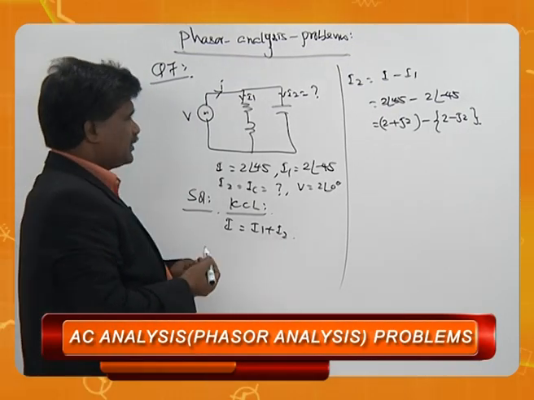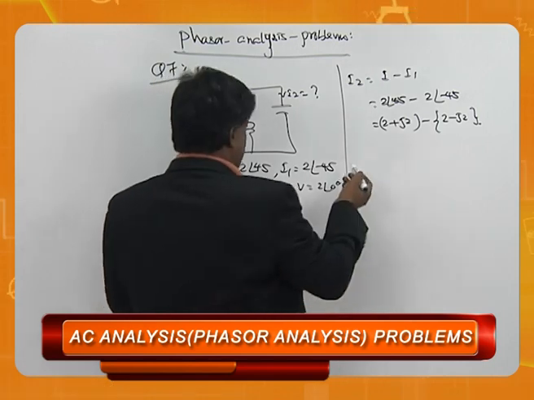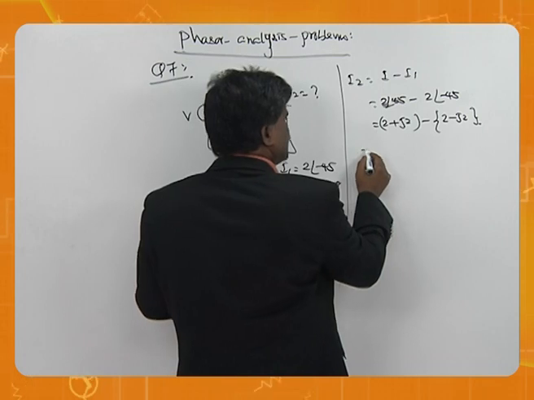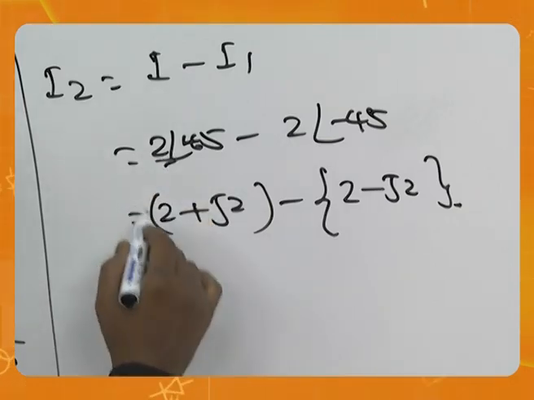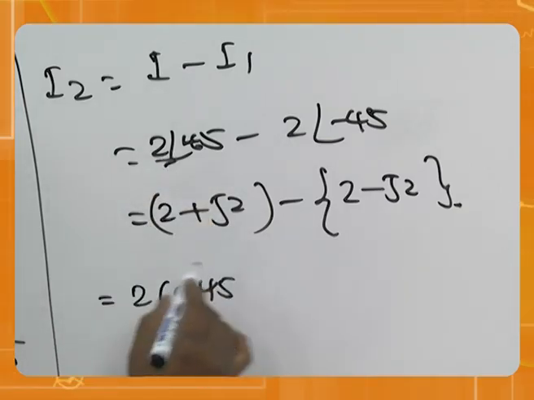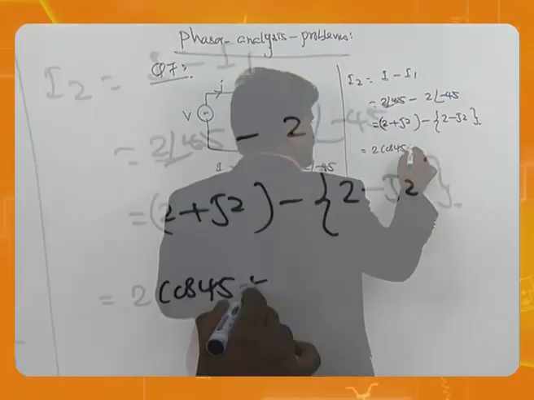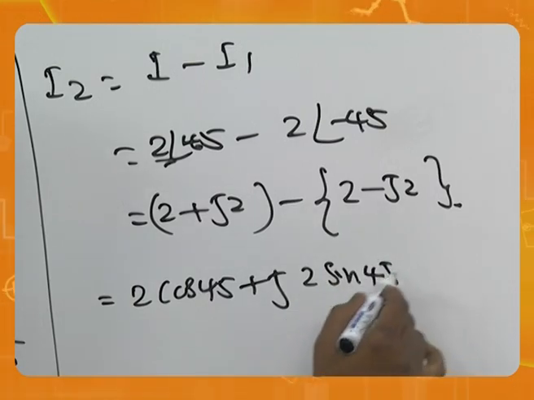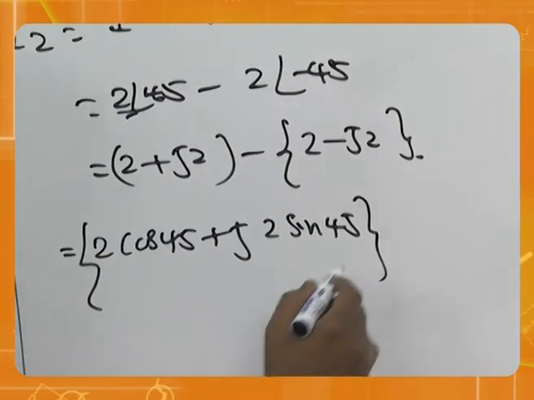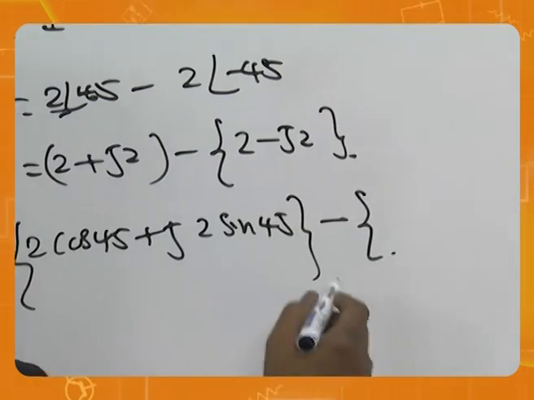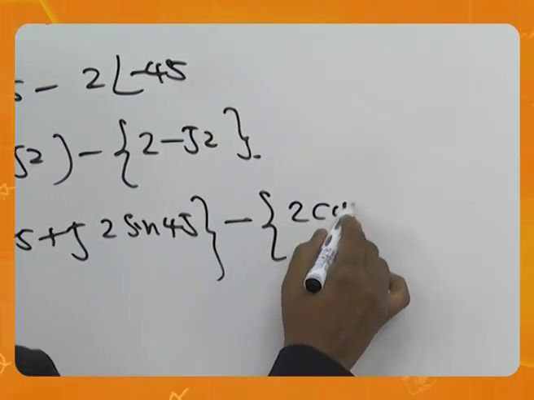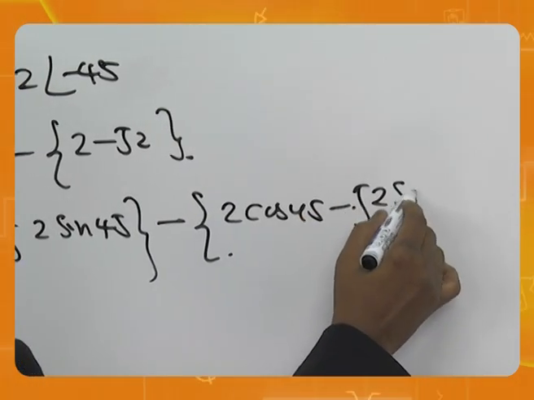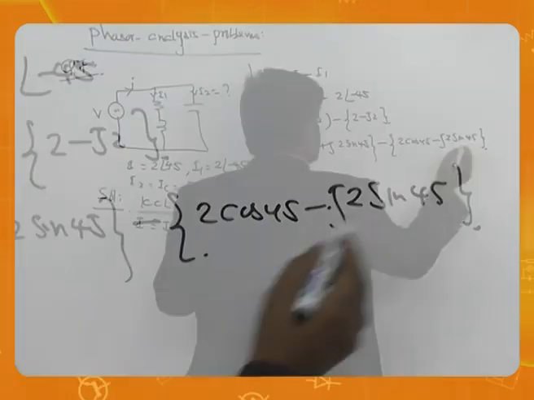If you calculate like this, because he said this value is 2, the best way is to convert: 2 cos 45 plus j 2 sin 45, that is one value, minus 2 cos 45 minus j 2 sin 45.